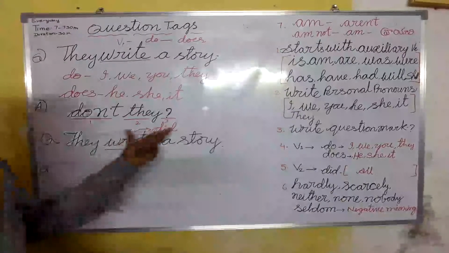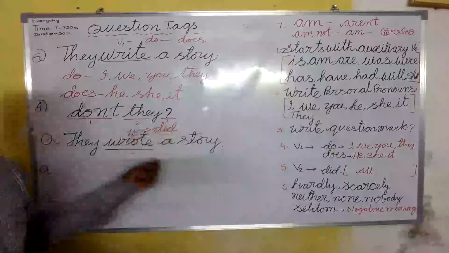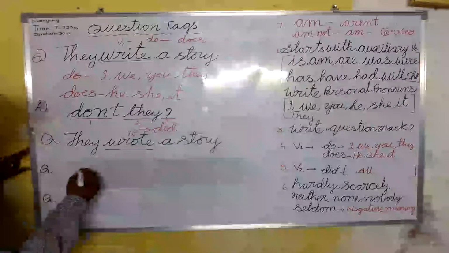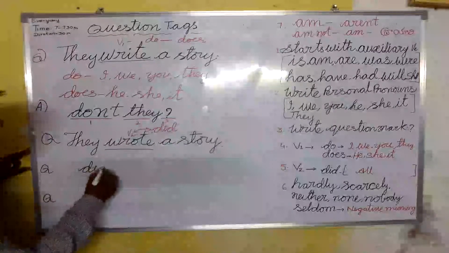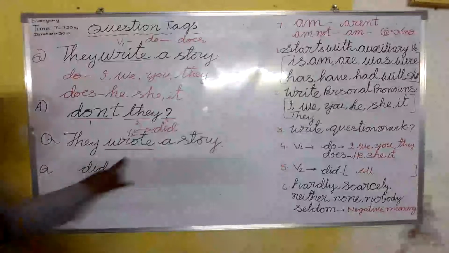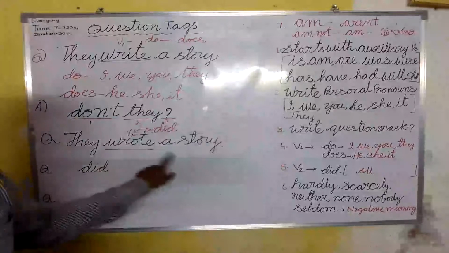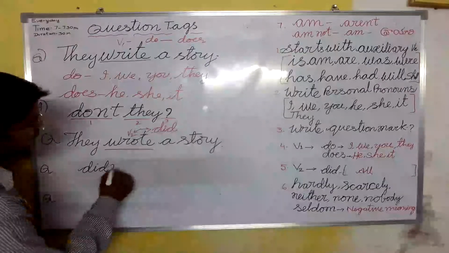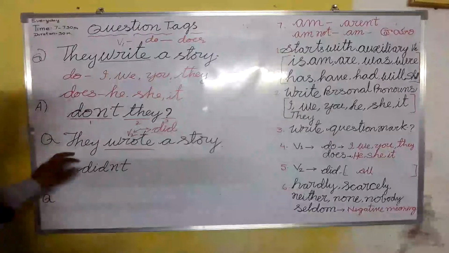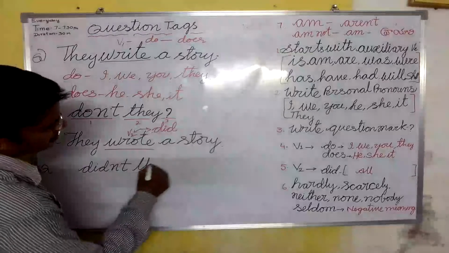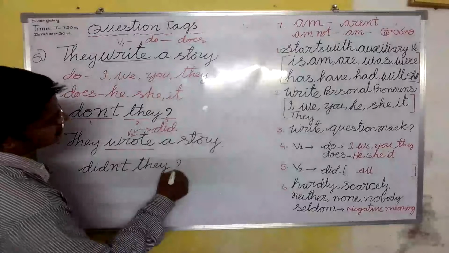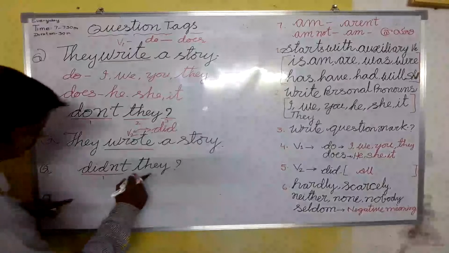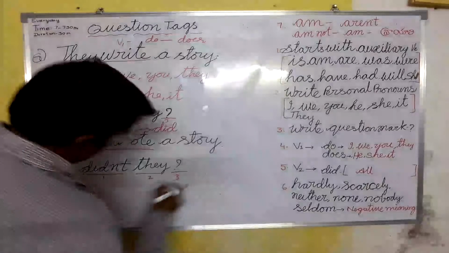You may use any subject with did, but after did, verb 1 must be used. Is it positive or negative? It is positive, so it should be negative. Didn't. Pronoun they. Didn't they? Question mark. Okay, this is 1, 2, 3.